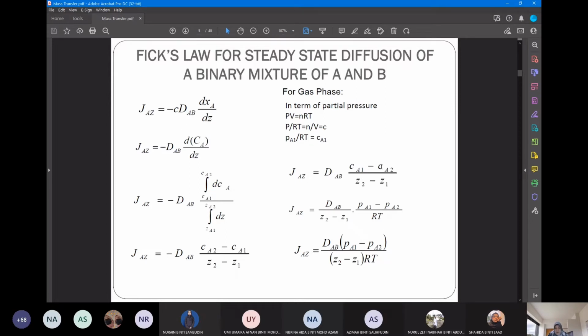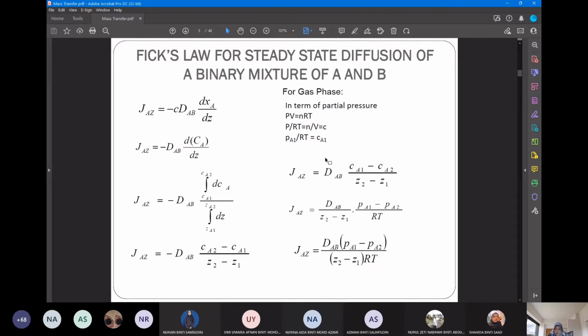If the information given to you is in partial pressure, use this formula directly. If you're given concentration, you can use this one also, no problem.